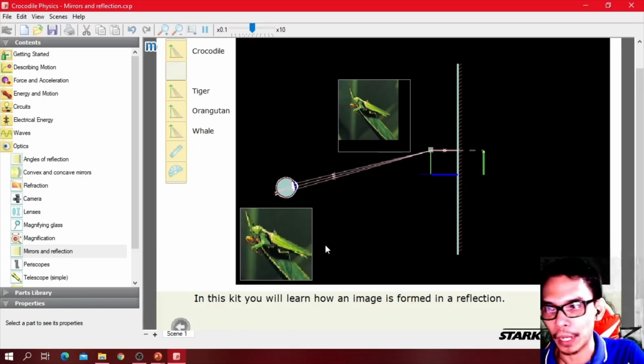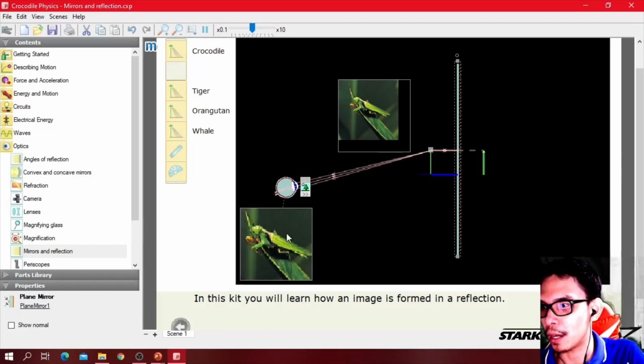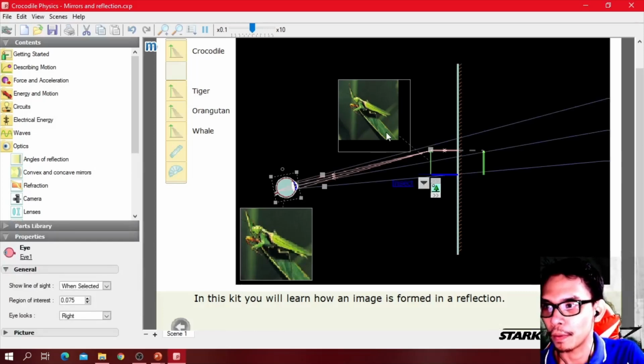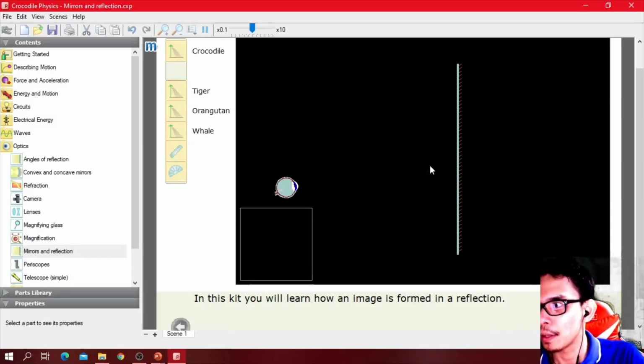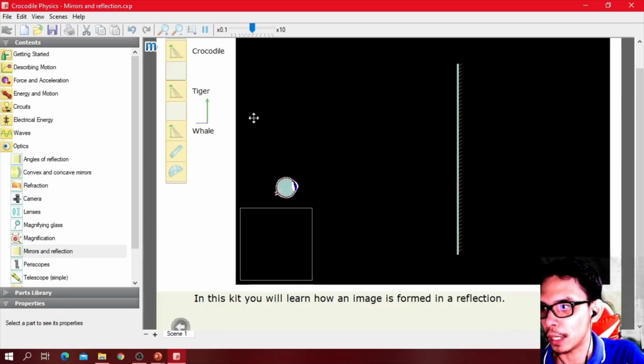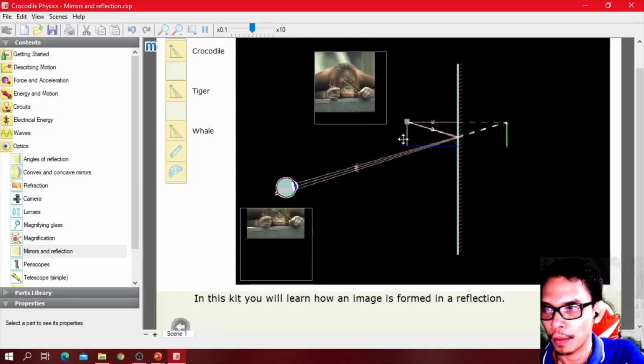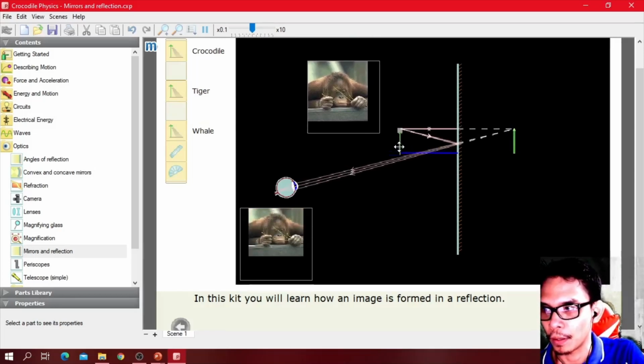So another one right here is the whale, or let's have the orangutan.